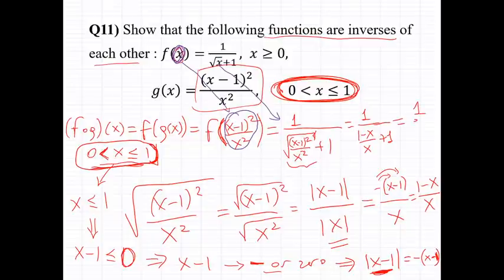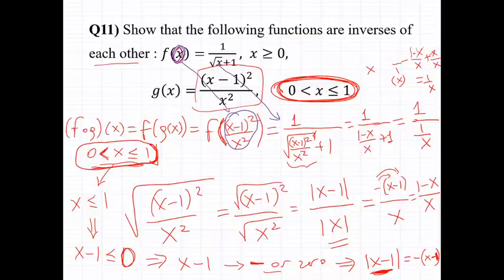Now 1 over, so when you do this job here, 1 minus x over x plus 1, we did it several times, and we use some assignments like that. This is 1 minus x plus x over x, so we end up with this, they cancel out, so we got 1 over x. So this has to be 1 over x.